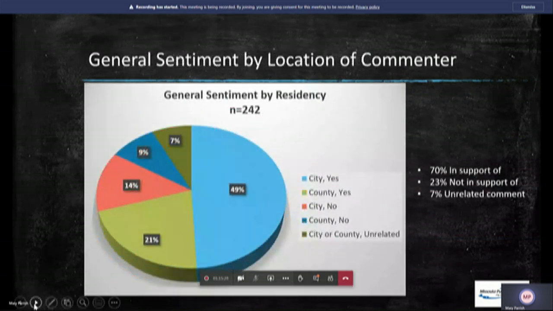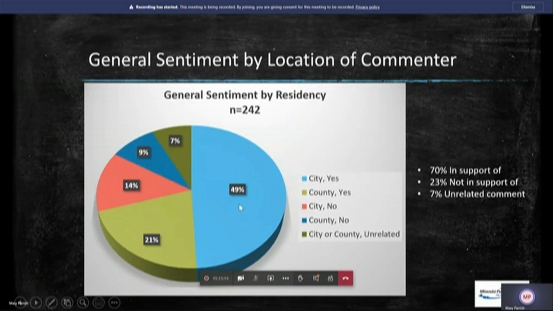And then this one, I thought could provide some data for you all to consider, in terms of where the support is coming from and which part of the county. I did this when we presented information about the face covering rule too, and we see a similar trend. So 49% of folks that responded from within city limits were supportive.